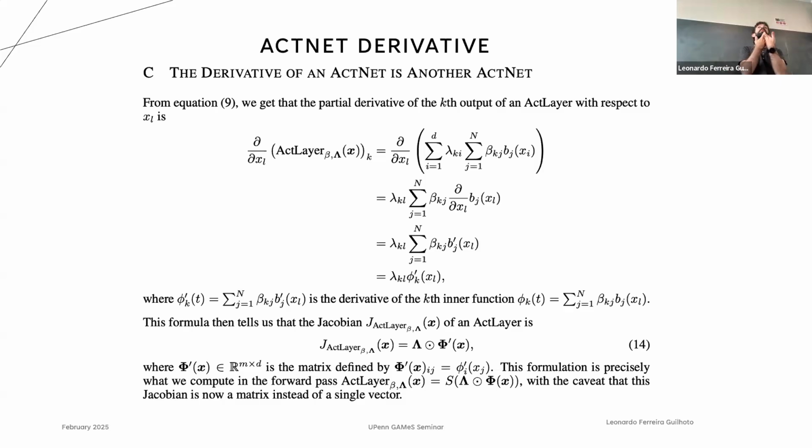So this gives you a little bit better hope that it's going to be able to approximate these higher order derivatives for your system. Now it's a little bit hand wavy because now we're talking about a Jacobian, whereas the output of the ActLayer is a vector as opposed to a matrix. But you get the idea. If you keep on taking these derivatives, it's not going to automatically vanish to zero. You're still going to preserve some of the derivative information.